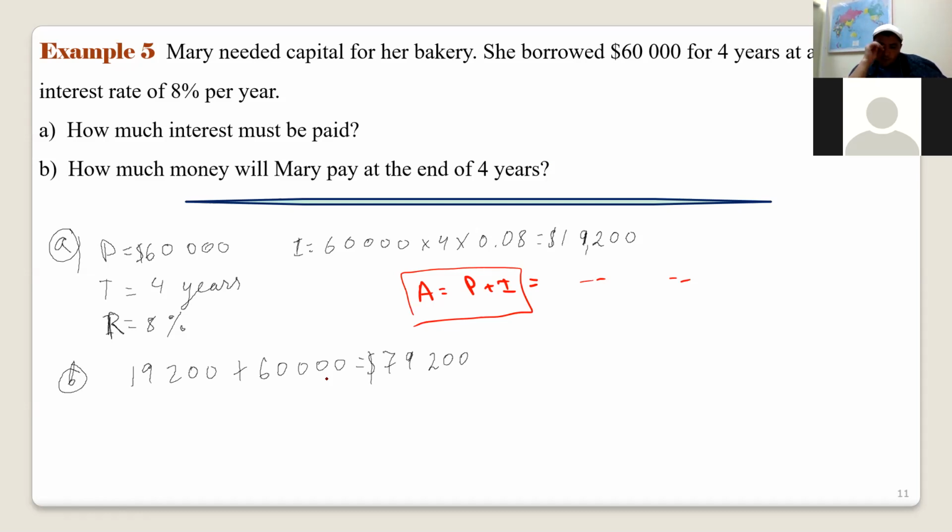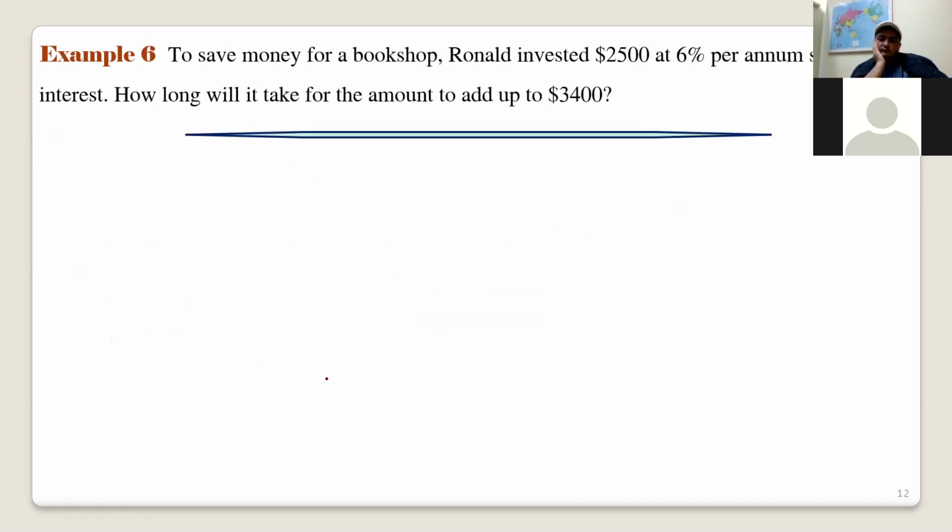Okay, in the next question, you'll do like that. To save money for a bookshop, Ronald invested $2,500 at 6% per annum simple interest. How long will it take for the amount to add up to $3,400? 6%.